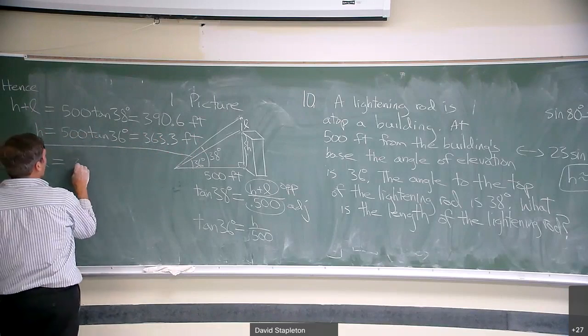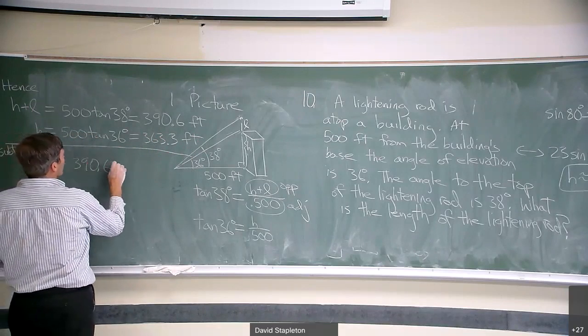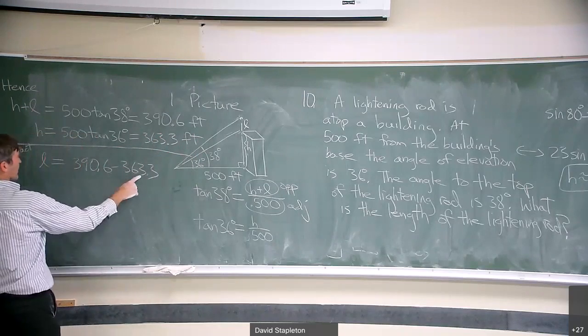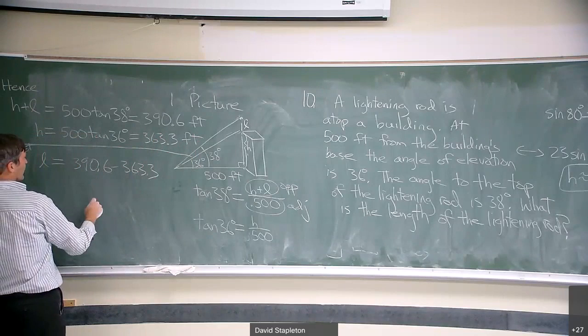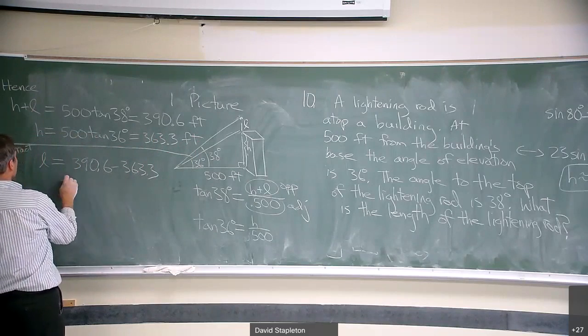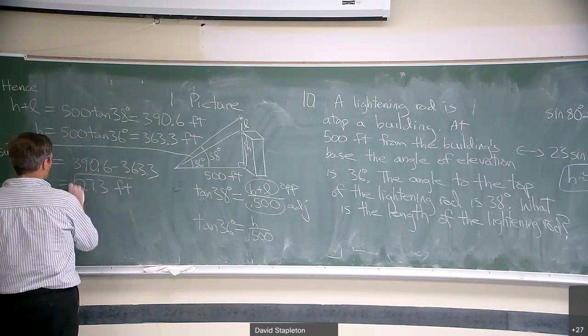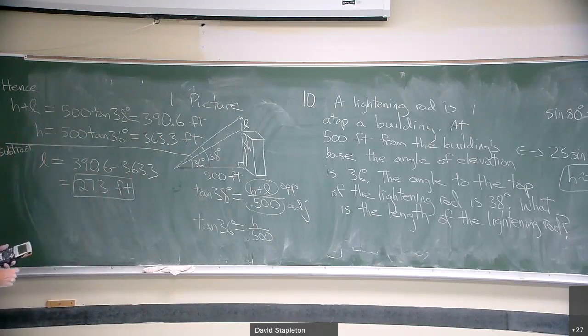And on the right, I've got 390.6 minus 363.3. Looks like 27.3 feet, right? So there's that problem. A lot of these applied problems can involve more than one triangle.